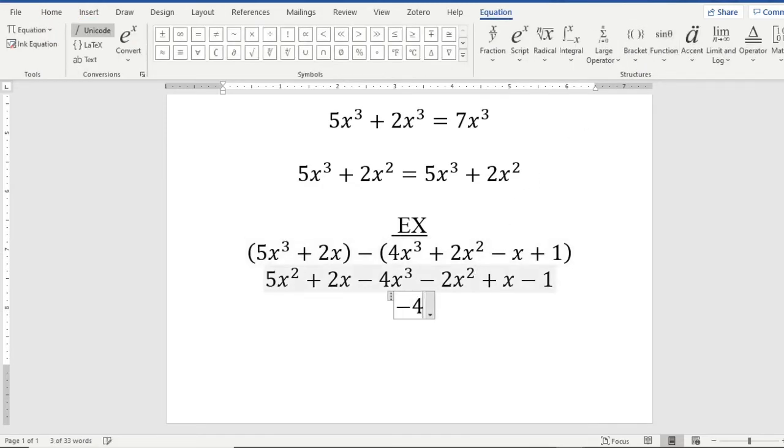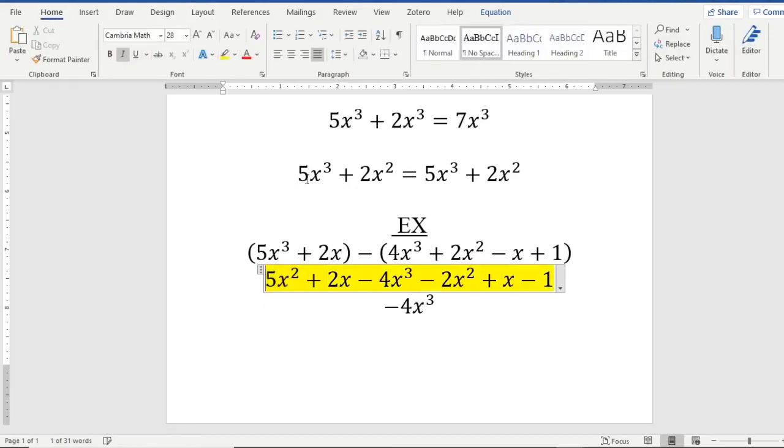So negative 4x cubed is my first term. Now I go to the x squareds. So I have one here, I have the 5x squared, and I have the negative 2x squared. So this is plus parentheses 5 minus 2 x squared.